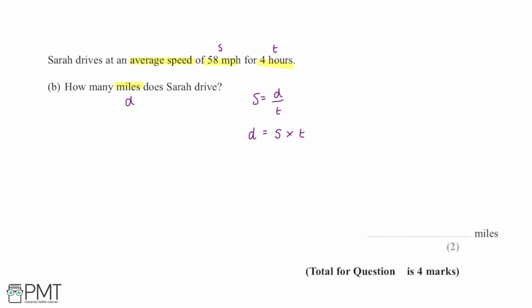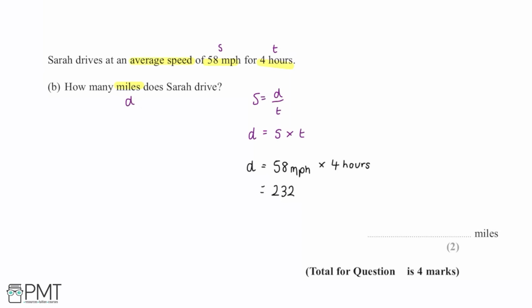So in this case, I can calculate the distance, so how many miles Sarah drives, by taking d is equal to the speed, which is 58 miles per hour, and I'll put the units in just to check, multiplied by the time, which is 4 hours, and 58 multiplied by 4 is going to give me an answer of 232.